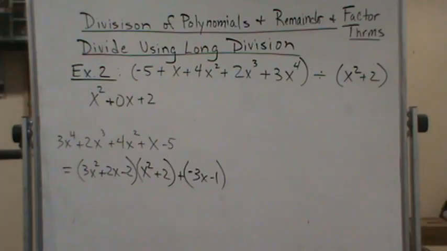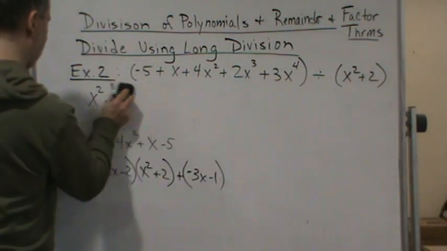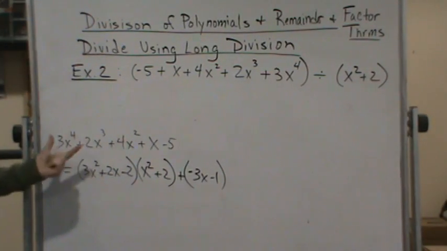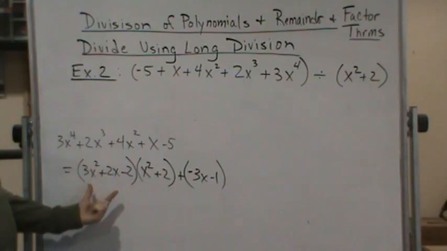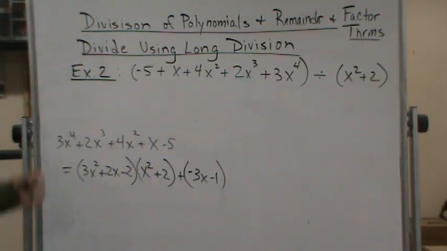So this is one way, by the division algorithm, we know that this polynomial can be written as the product of these two polynomials plus this remainder polynomial.